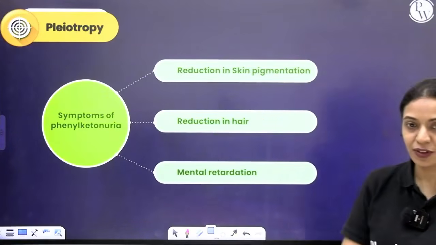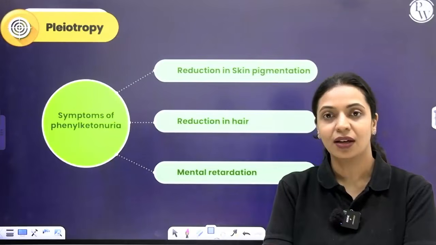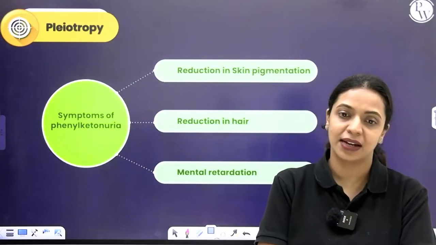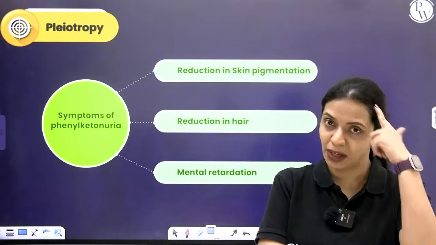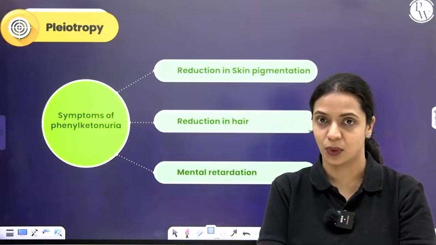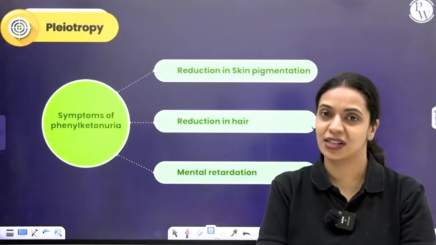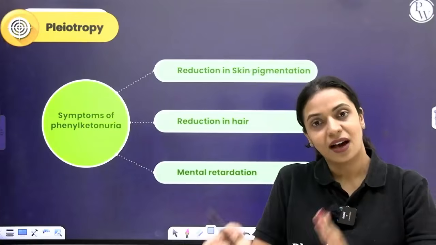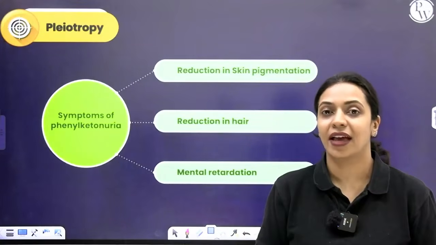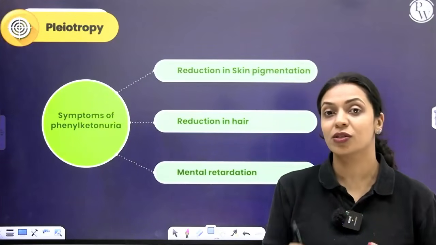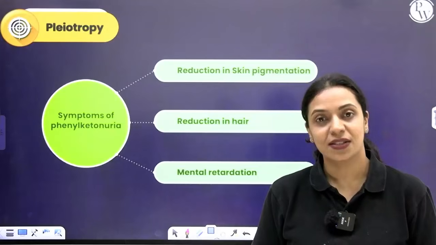In such individuals who suffer from phenylketonuria, the pigment in the skin is reduced. There is reduction of pigment in the hair and reduction of hair also. You can see mental retardation in such individuals. So these are distinct phenotypic expressions that are caused because of a single gene. So this is called pleiotropy.